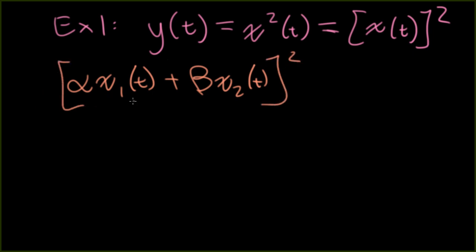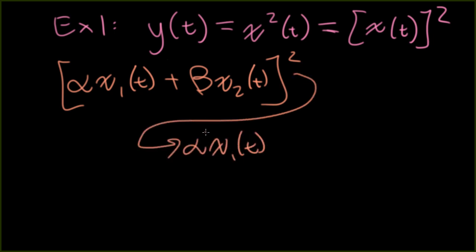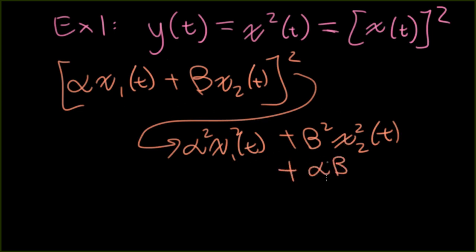So this is doing the addition and scaling first. And what we get out is going to be alpha squared x1(t) squared, beta squared x2(t) squared. So everything here is squared. And then I'll also have the cross terms. So I'll have 2 alpha beta x1(t) x2(t).